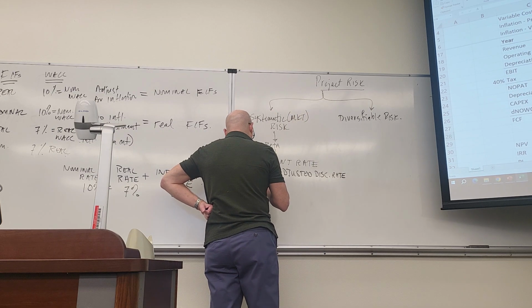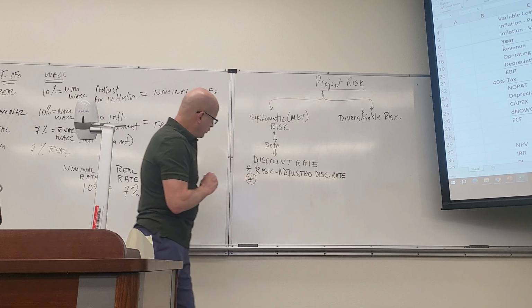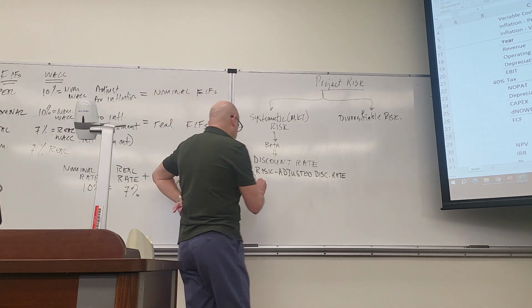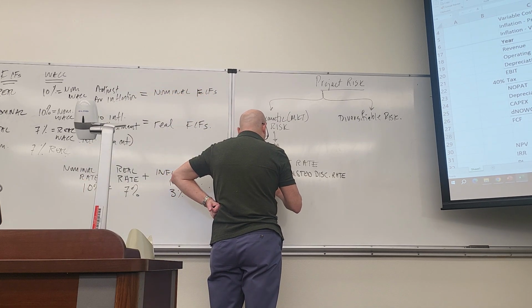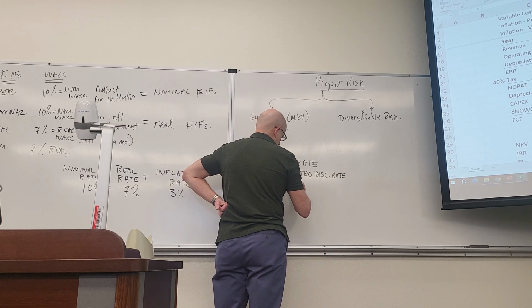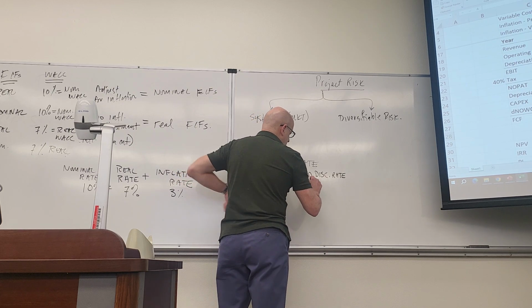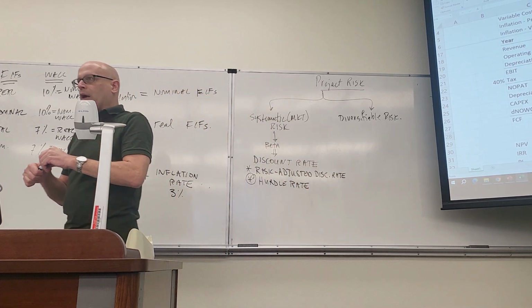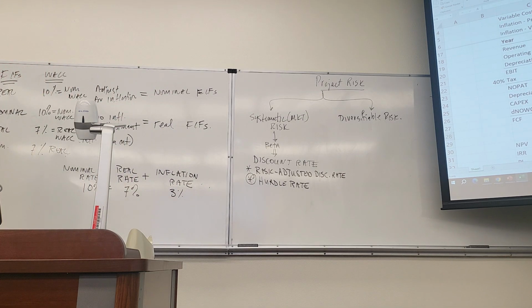It's also referred to, and I'll kind of asterisk and circle this one, as a hurdle rate. A hurdle rate is simply a discount rate that is higher for risky projects and lower for less risky projects, but specifically systematic risk.